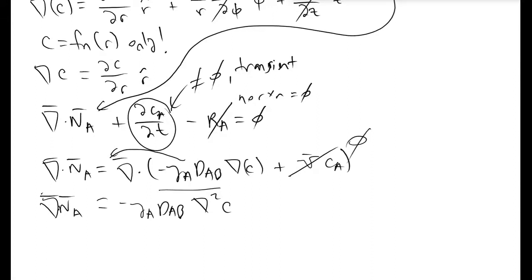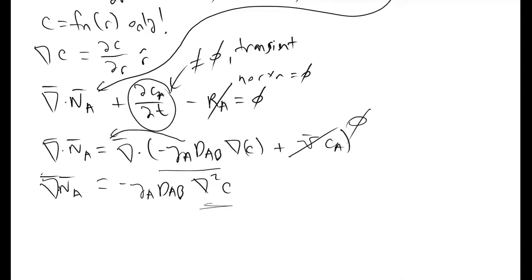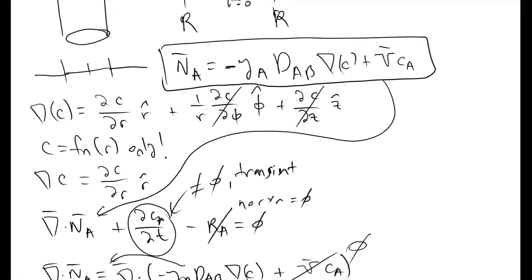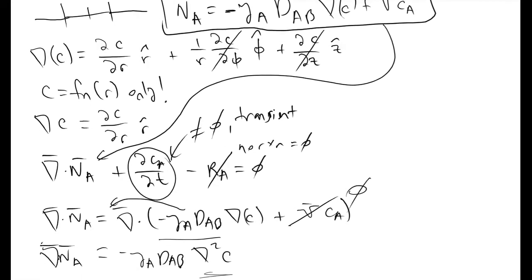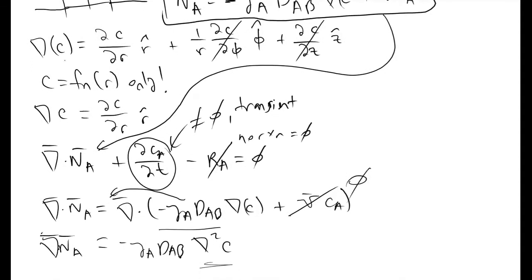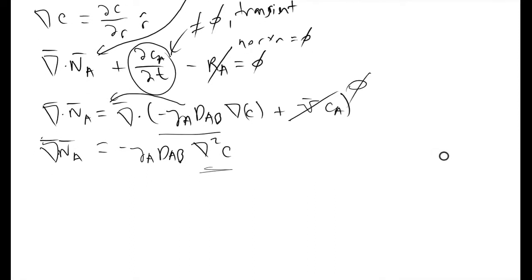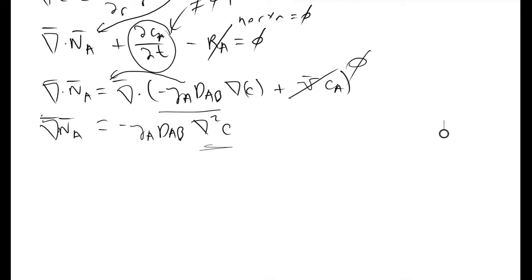At this point, I would like to take a moment to discuss this Laplacian quantity. I already simplified the gradient of our concentration, but if we kept things generic so we can apply this to other examples, this del squared times C, the Laplacian of C, is sometimes also written like this. This is the Laplacian operator.